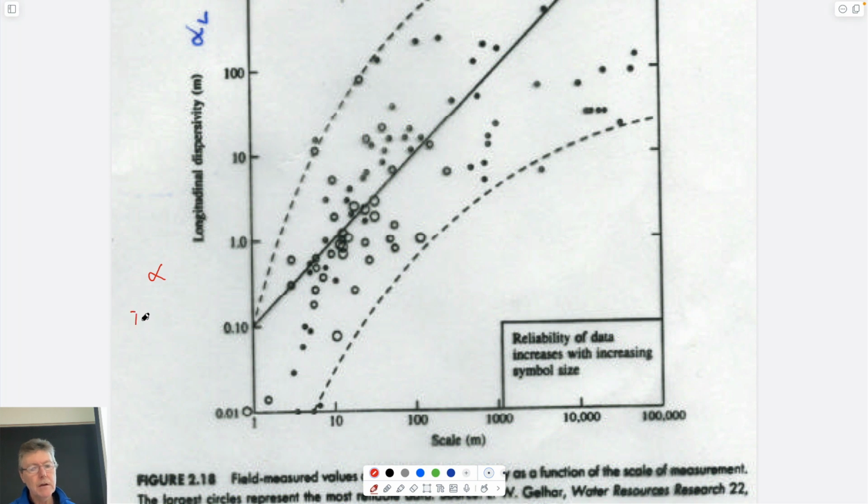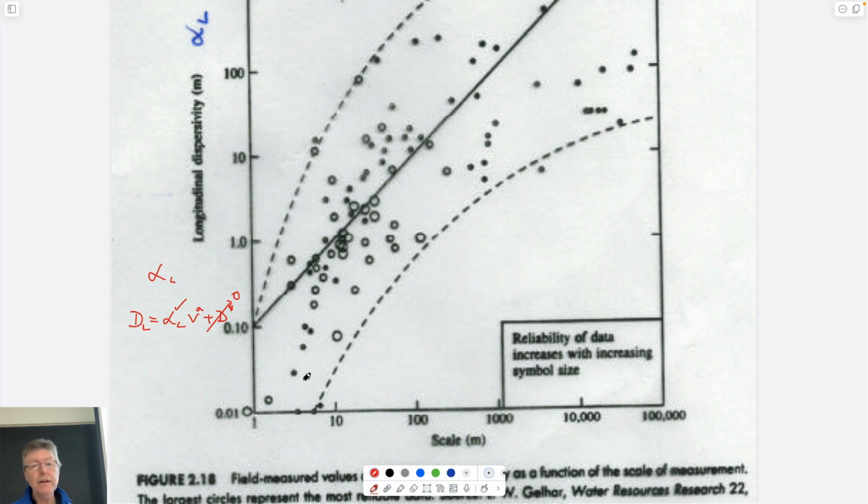So remember, we have this term here is equal to alpha L velocity plus d star. We're going to assume that in our measurements this is 0. We're going to assume that we can know at this particular site what our advective velocity is. And so if we know something about the shape of the plume, we can immediately calculate what this is.